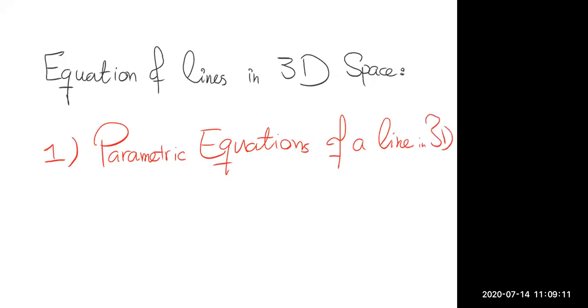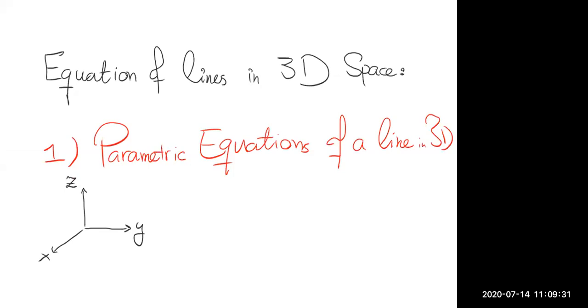Okay, so look at 3-dimensional space. We have this coordinate system x, y, z. If I want to tell you about a line, there are 2 things I need to tell you.